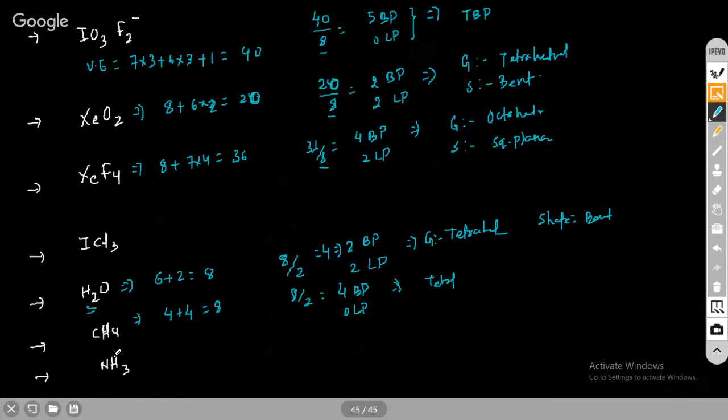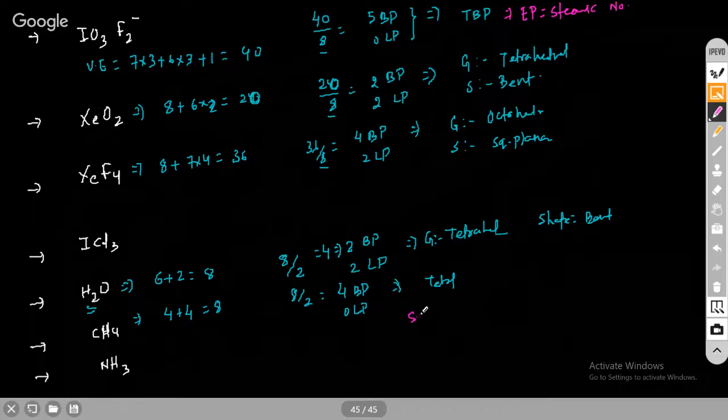Now, the sum of this bond pair and lone pair we also call the steric number, which is nothing but the electron pair. Now, when steric number is 2, hybridization will be sp.